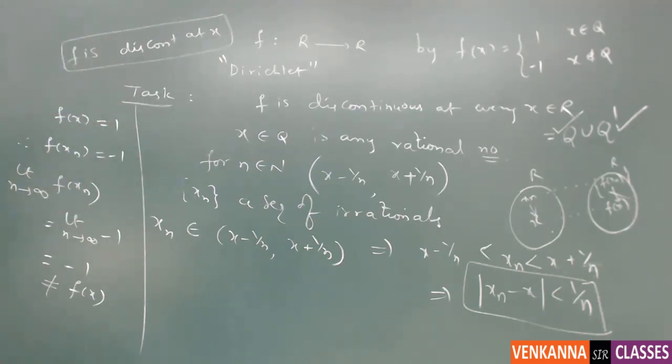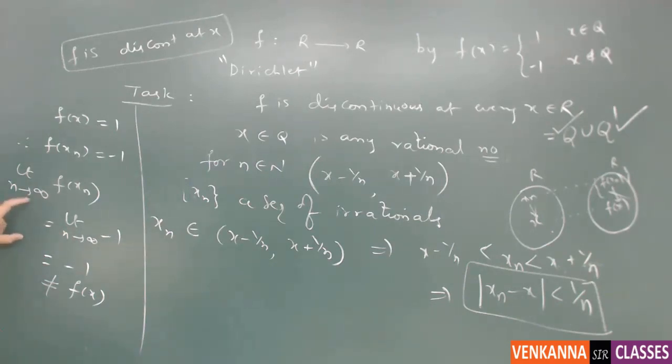Clear? So since x is taken as a rational number, f is discontinuous at every rational number. That was the conclusion. In the same way, without changing any step, with the same writing, we prove the second case. Since I have proved that f is discontinuous at every rational number, the other part left with me is, I have to show that f is discontinuous at every irrational number.